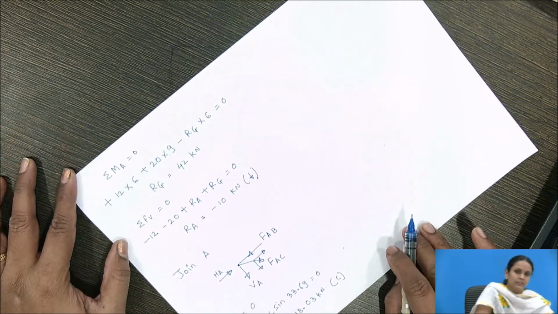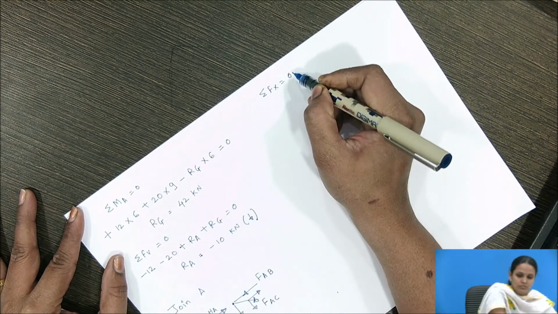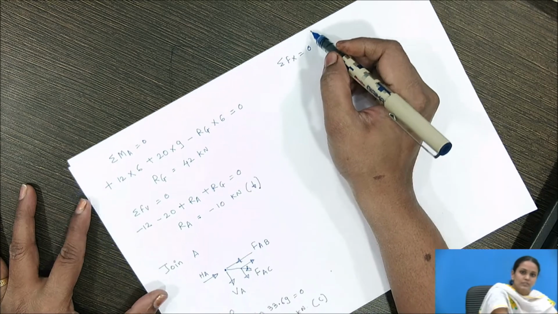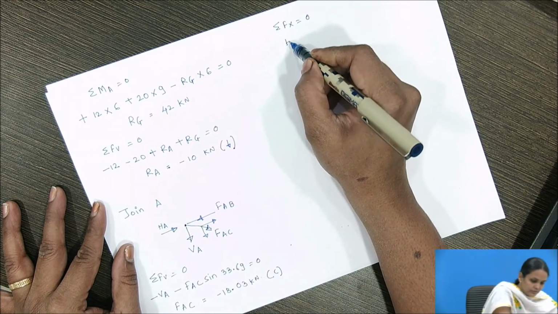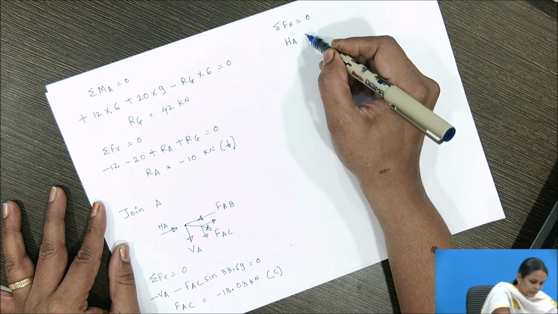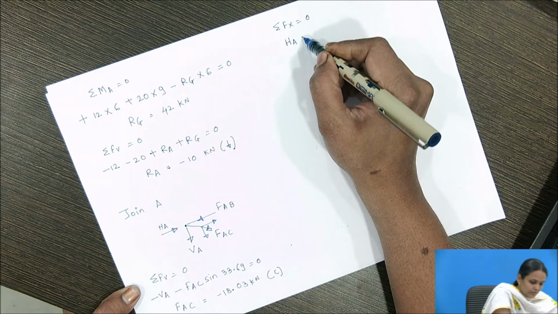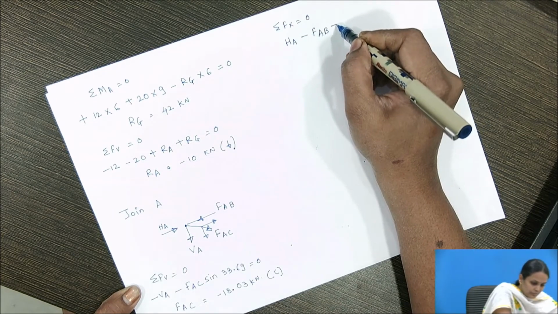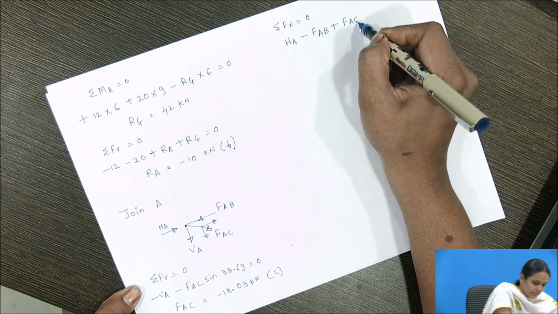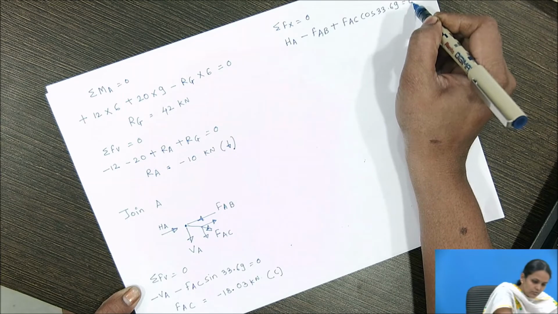Then I will consider sum of all horizontal forces is equal to 0. So what are the horizontal forces here? It is HA minus force in AB, then plus force in AC cos 33.69 is equal to 0.